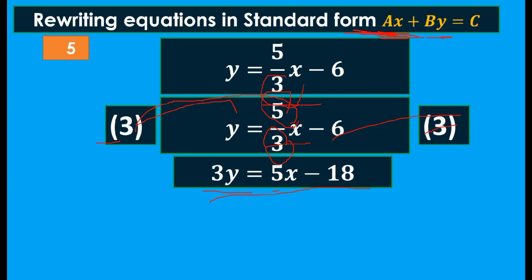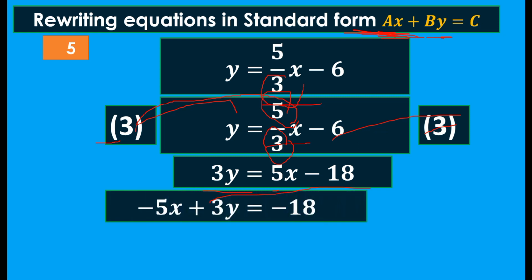Pero, ang partner ni 5x ay hindi si y. So, anong gagawin natin? Pag-partnerin natin silang dalawa sa pamamagitan ng mag-jump tayo sa equal sign. So, pag mag-jump tayo sa equal sign, mag-change ng sign. So, magiging negative 5x plus 3y equals negative 18.